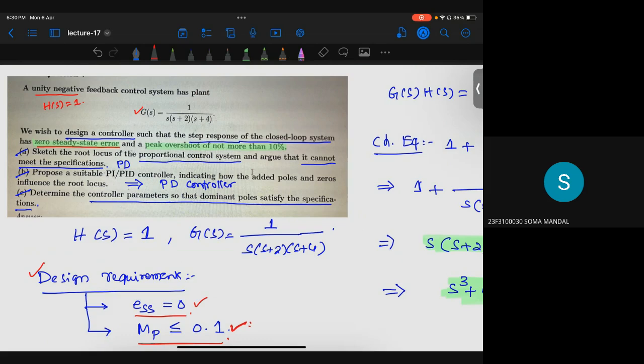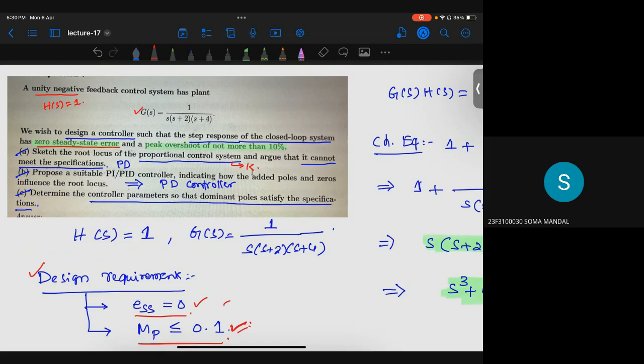Now, question 1. Sketch the root locus of the proportional control system, that means the controller C of s is K, and argue that it cannot meet these specifications. So with K only, we cannot meet these two specifications.